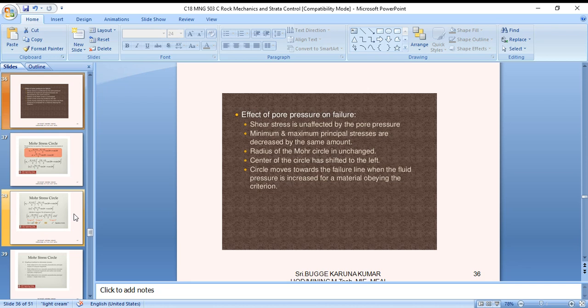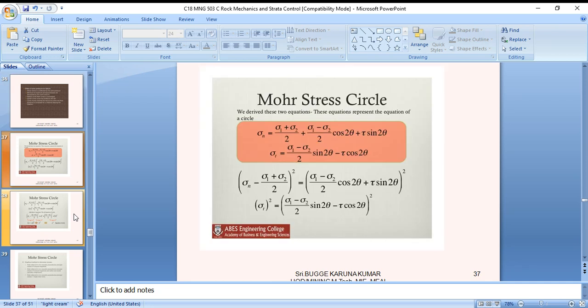And then in the Mohr stress circle, we derive these two equations. This equation represents the equation of a circle: sigma n equals (sigma 1 plus sigma 2) by 2 plus (sigma 1 minus sigma 2) by 2 cos 2 theta plus tau sin 2 theta. Similarly, tau equals (sigma 1 minus sigma 2) by 2 sin 2 theta minus tau cos 2 theta. These two are the important equations.